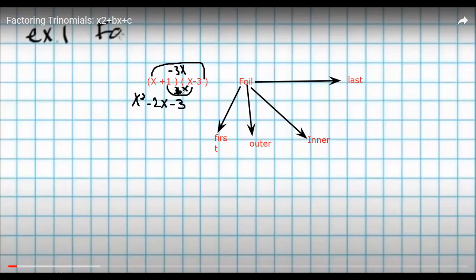But today we are going to use the opposite operation, which is: I have the trinomial x to the power of 2 minus 2x minus 3, and we want to factor it back to the two binomials, which, when you multiply them together, will give you x to the power of 2 minus 2x minus 3.